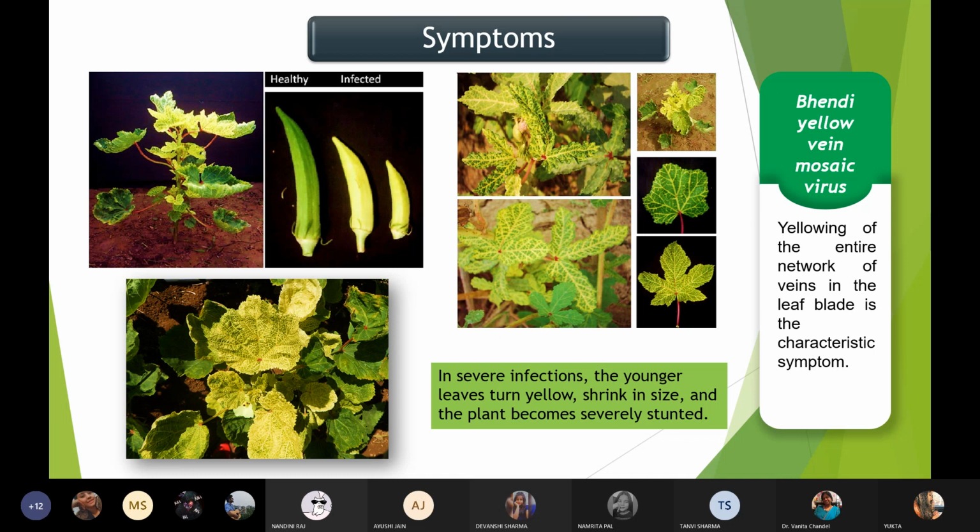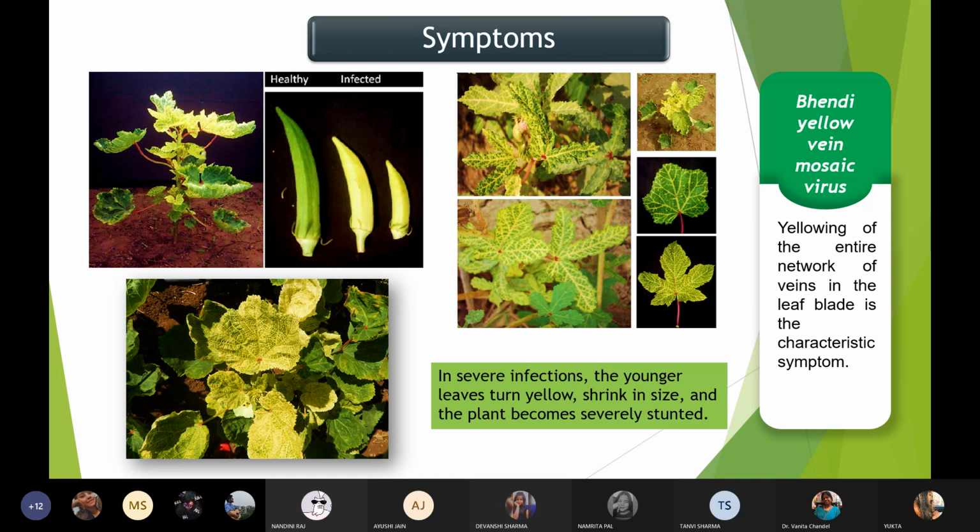The veins of the leaves are cleared by the virus, and the intervenal area becomes completely yellow or white, as I have shown in the picture. In a field, most of the plants may be diseased, and the infection may start at any stage of plant growth. Infection restricts flowering and fruits.